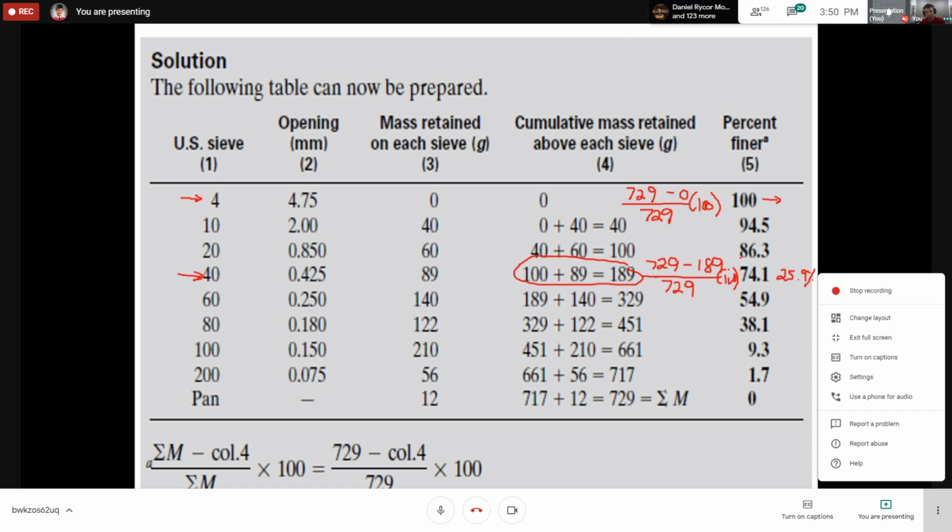Magsilang subtract sa total mass. So let's say diri sa pinaka-last, so 729 minus the cumulative mass on this particular sieve number 200, that's 717 all over total mass times 100. So let's say natay 1.7%, di ba? So may nga na 1.7% ang nilusot sa sieve number 200 considering this particular soil mass.